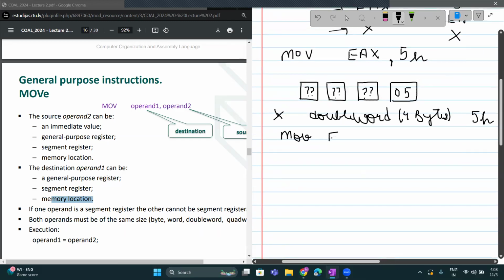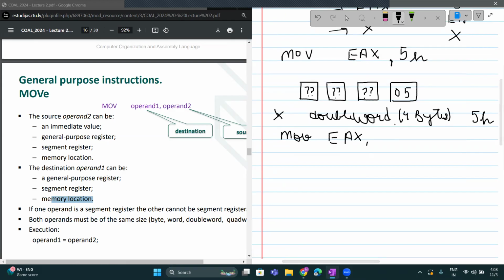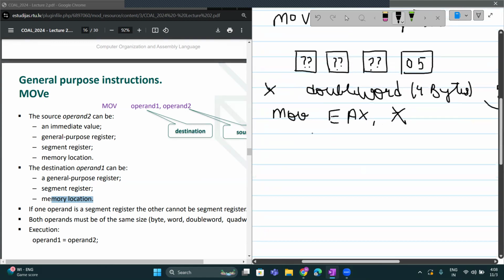If we try to move x, whose value is 5h, in double word format to EAX, what will it do?